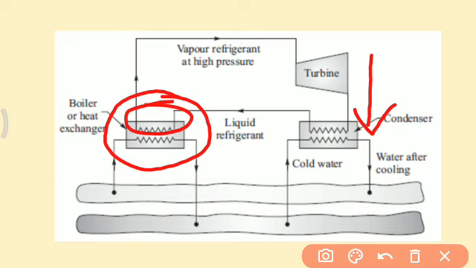So in this system, the process is mainly the same as the previous one, but water is not converted into steam directly. Another liquid is converted into steam by receiving the energy from the hot water. And now we will go through the advantages and disadvantages.